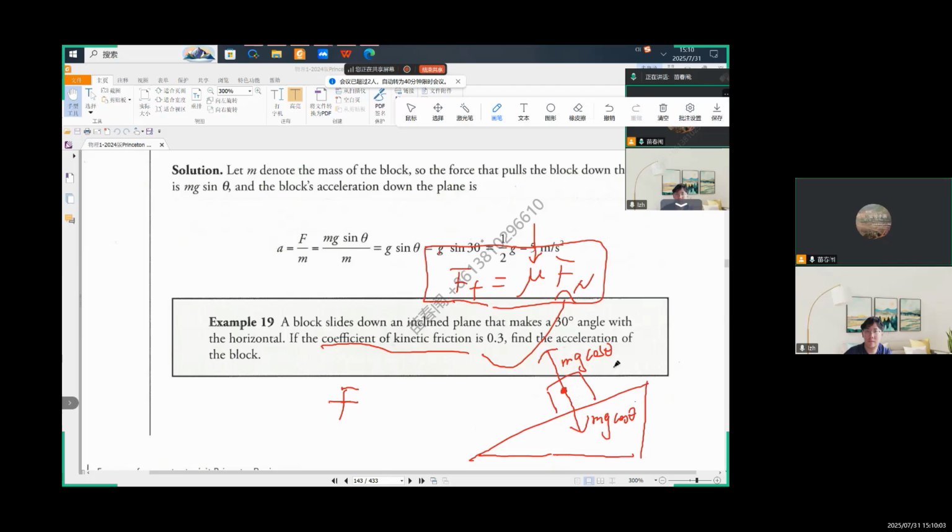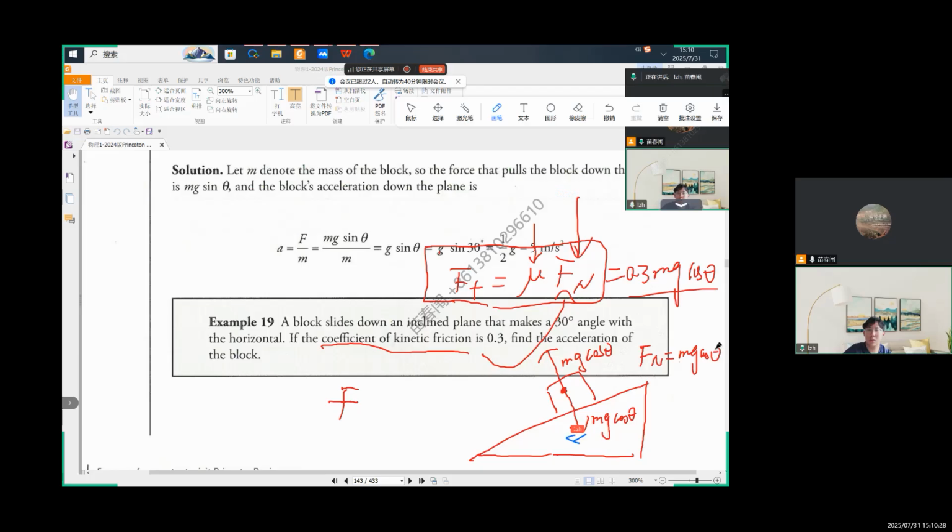Not all the time, but in this situation. If that's the case, I can substitute this in here: 0.3 and mg cos theta is my friction. My F normal is basically the component of gravity vector.